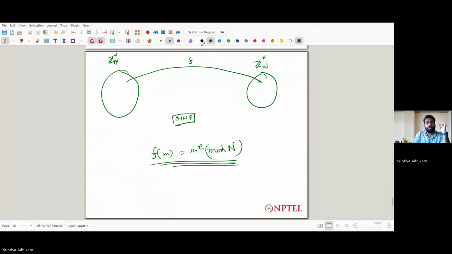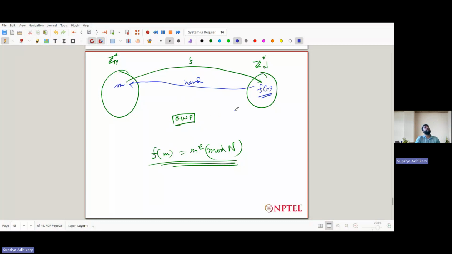That is, for any input M, we can compute f of M. But given f of M, computing this M back is a computationally hard problem.